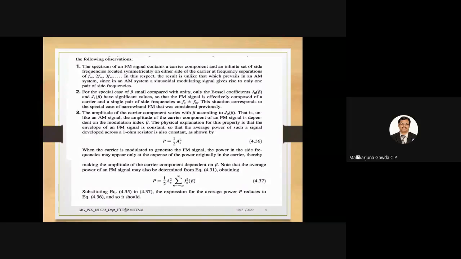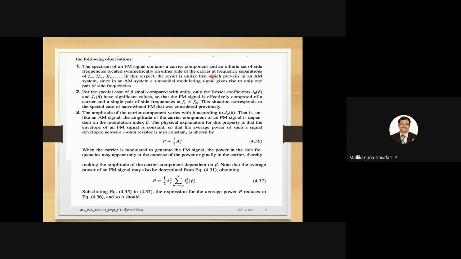So the FM signal is effectively composed of the carrier and a single pair of side frequencies, that is at FC plus or minus FM. That is for the narrowband FM case, or when we say the modulation index is much less than 1. Is this point clear?